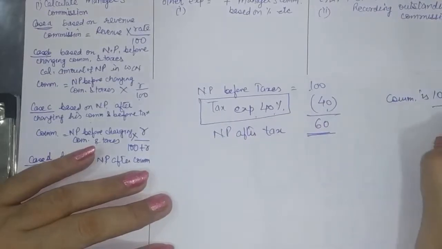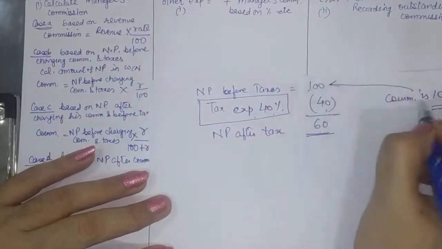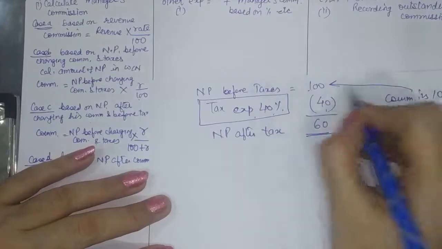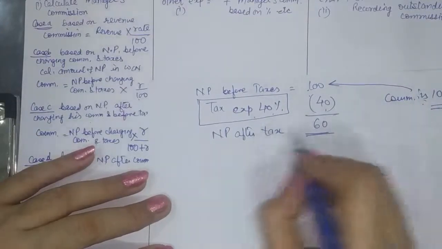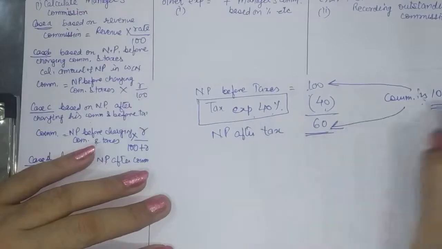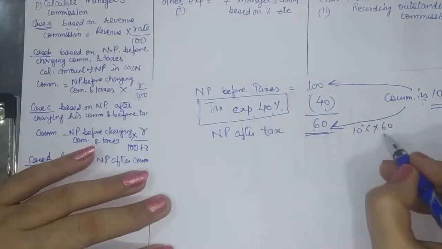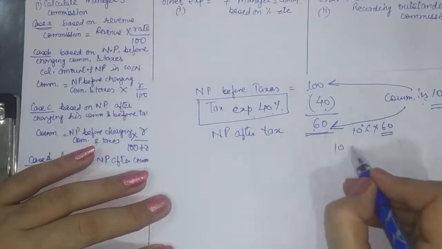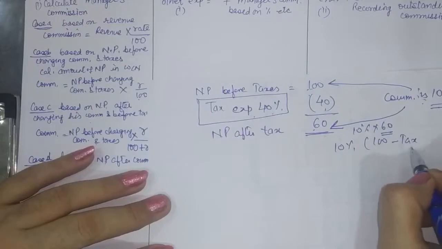I am taking 10%. If it is 10% of the profit before taxes, it can be taken as 10 on a base of 100, right? But the same commission based on net profit after tax will be 10% of 60. And what was 60? 60 was 100 minus tax, right?